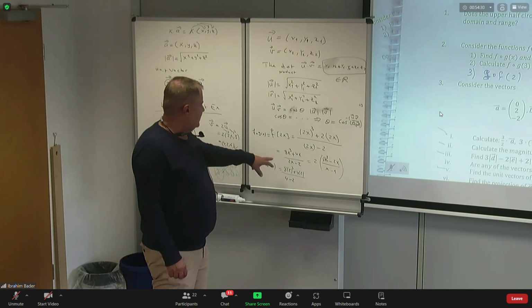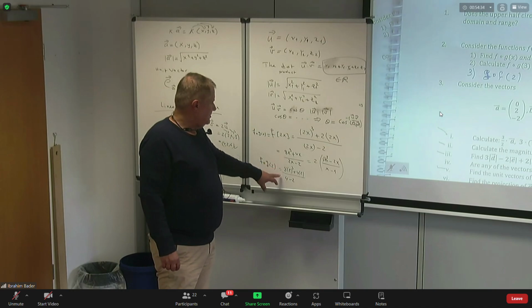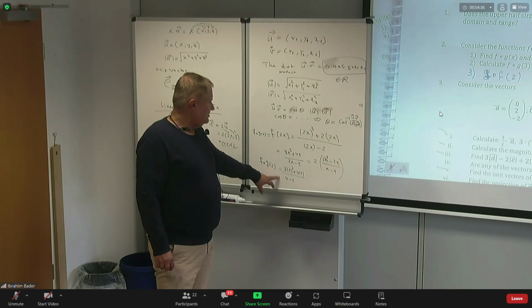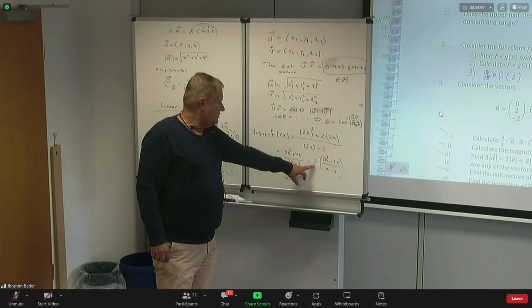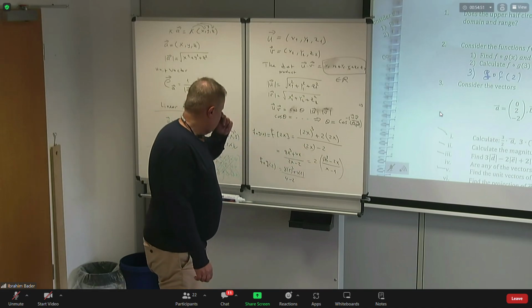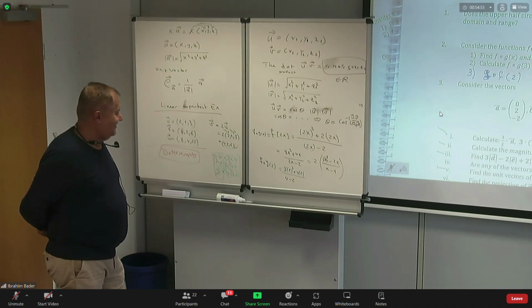You're talking about which line? This one? The last one? No, the mistake was in the upper line. It's 2 times 4x to the power 3, but it's 2 times 2 minus x, because you took the factor before.